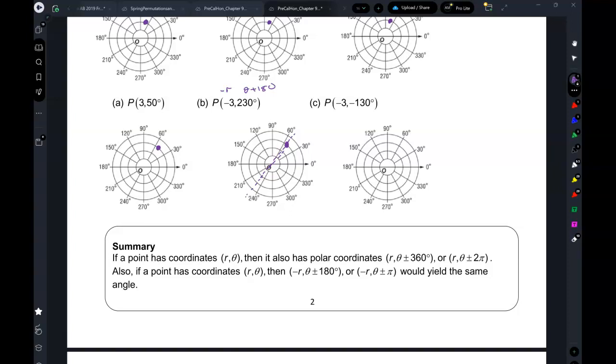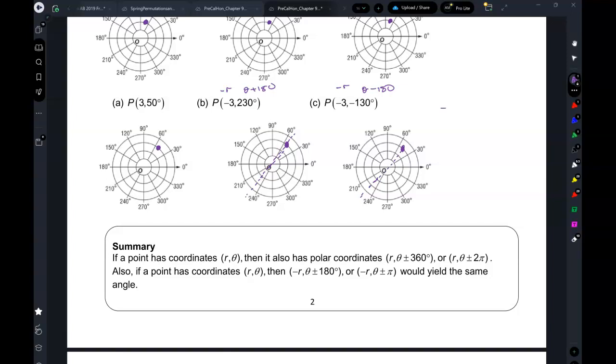Okay. Negative 3 and negative 130. So negative 130 goes right after. This is the ray, but now it's negative, so we go back here. Same position. So what have we done now? We did negative R, and then we did theta minus 180. Same situation.